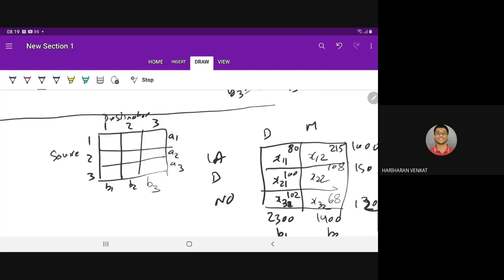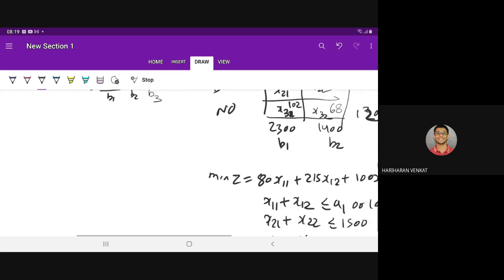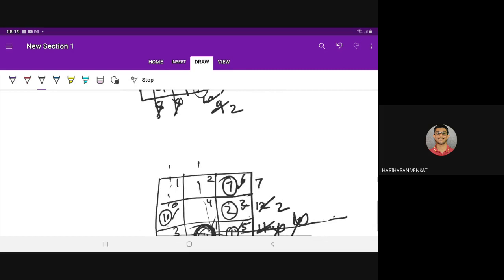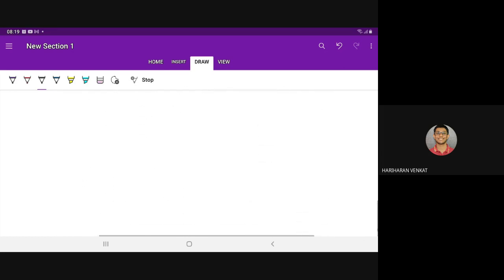These are the destination limits. Let us redraw the problem.